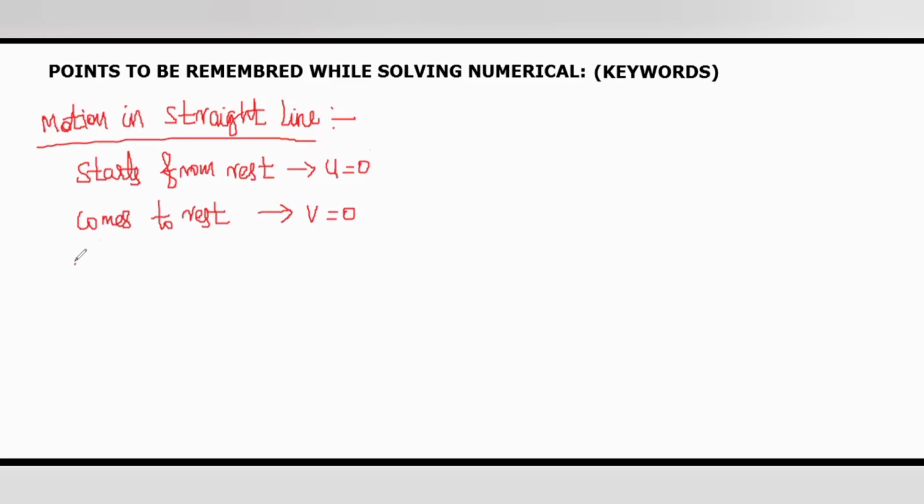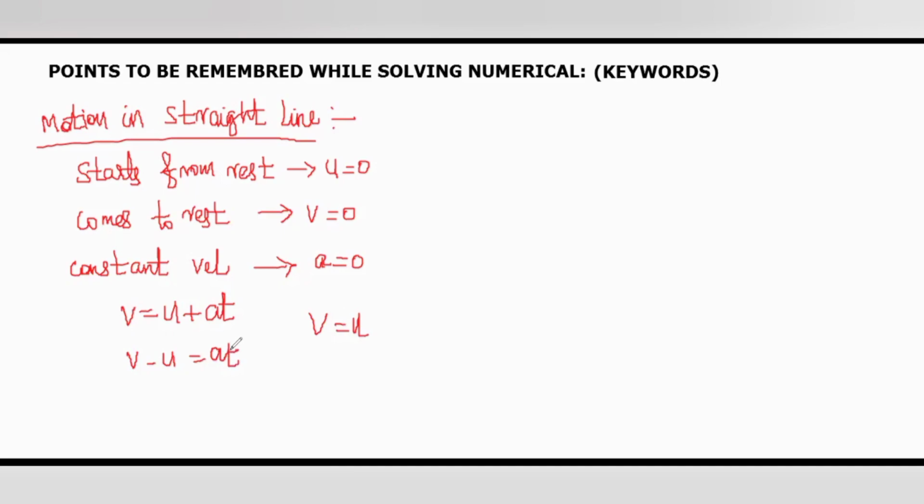If it is mentioned as constant velocity, okay, then its acceleration equal to 0. These two, okay. For constant velocity, I'm going to take the first equation of motion, v equal to u plus at. Here, if v equal to u, then we know that v minus u equal to at.